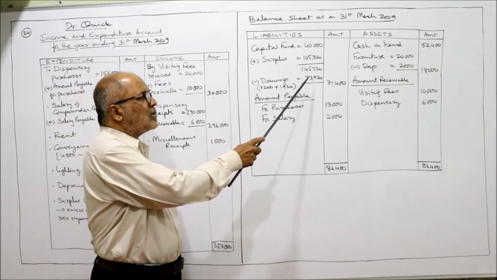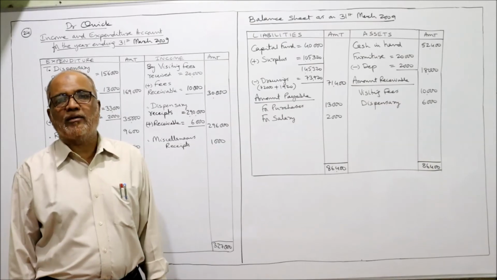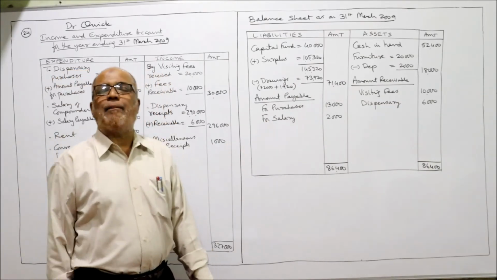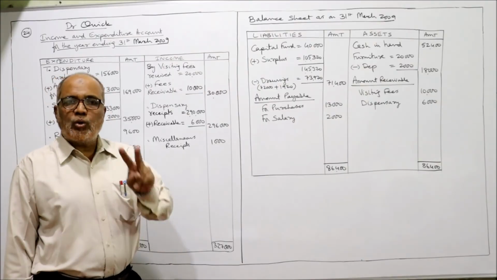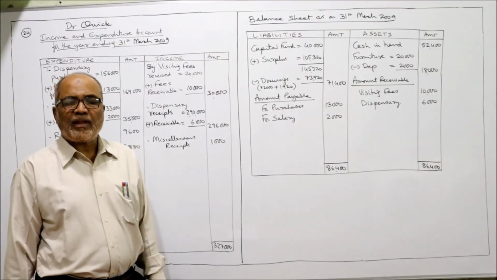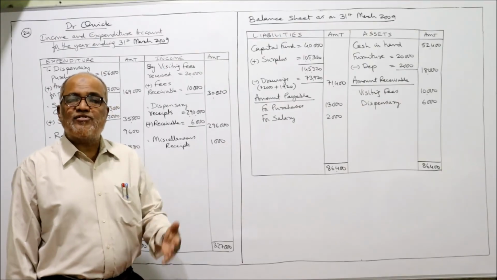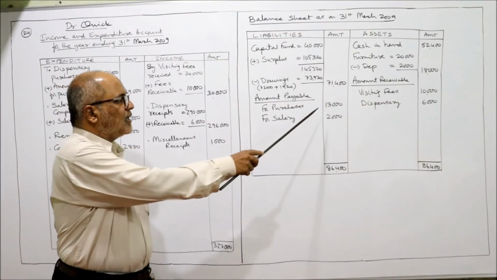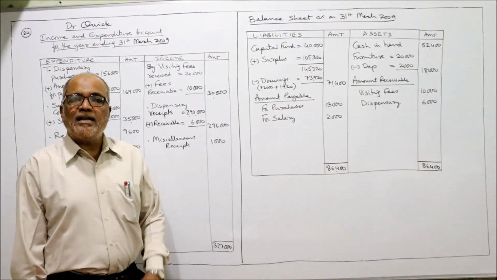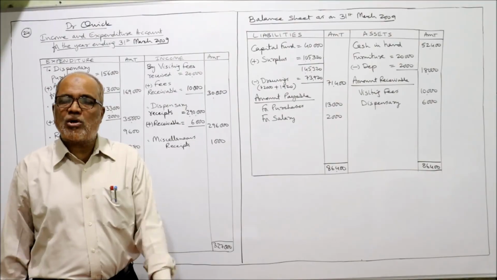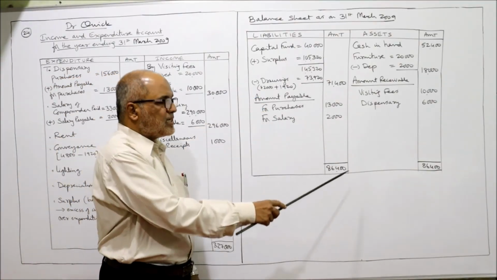So 73,920 will be the total drawings. Now deduct drawings. 71,400 is the capital at the end of the year. Now two liabilities are there. The liabilities are amount payable for purchases. For purchase of dispensary, 13,000 rupees is the amount payable. And salary payable to the compounder, 2,000 rupees. That's all. So liability side, 86,400.